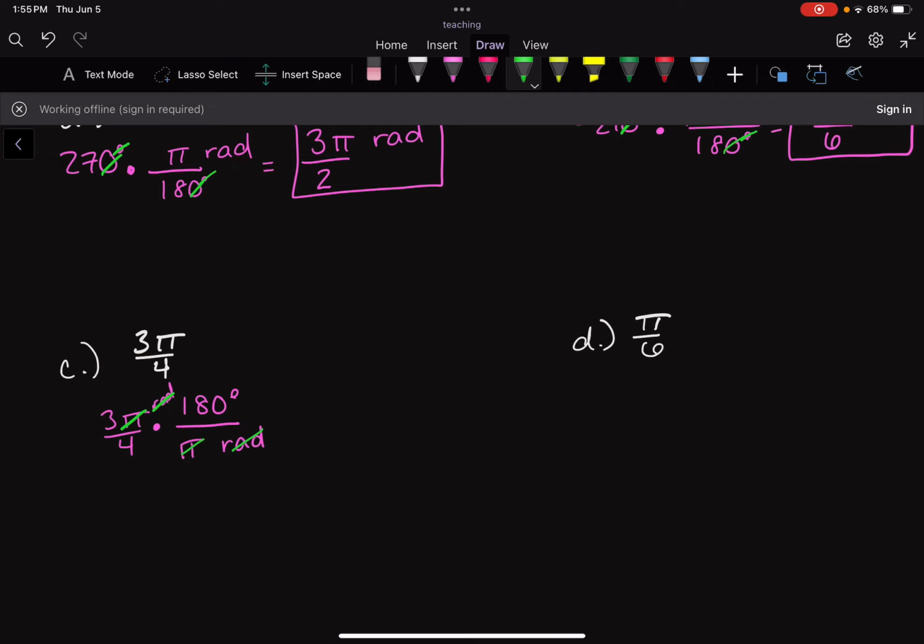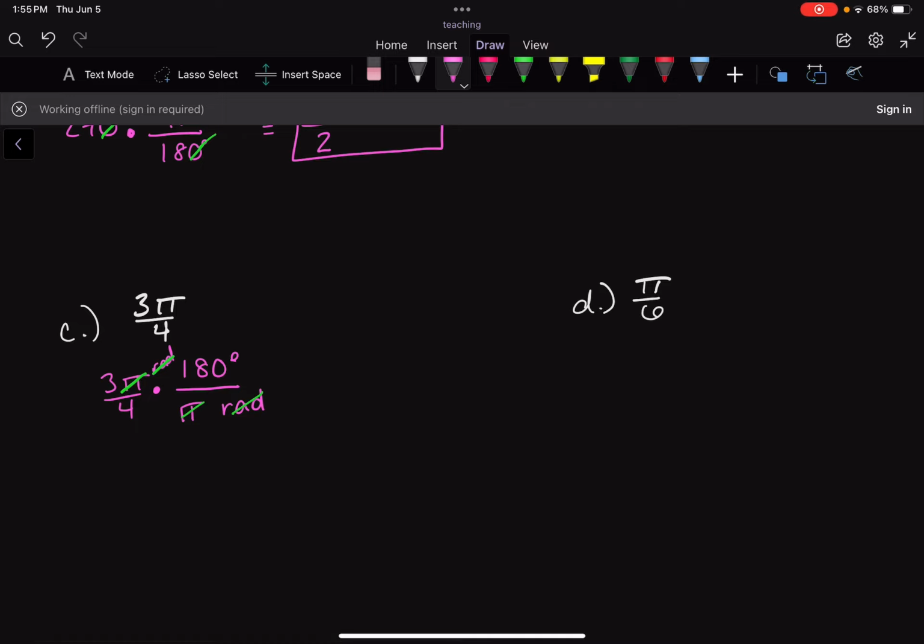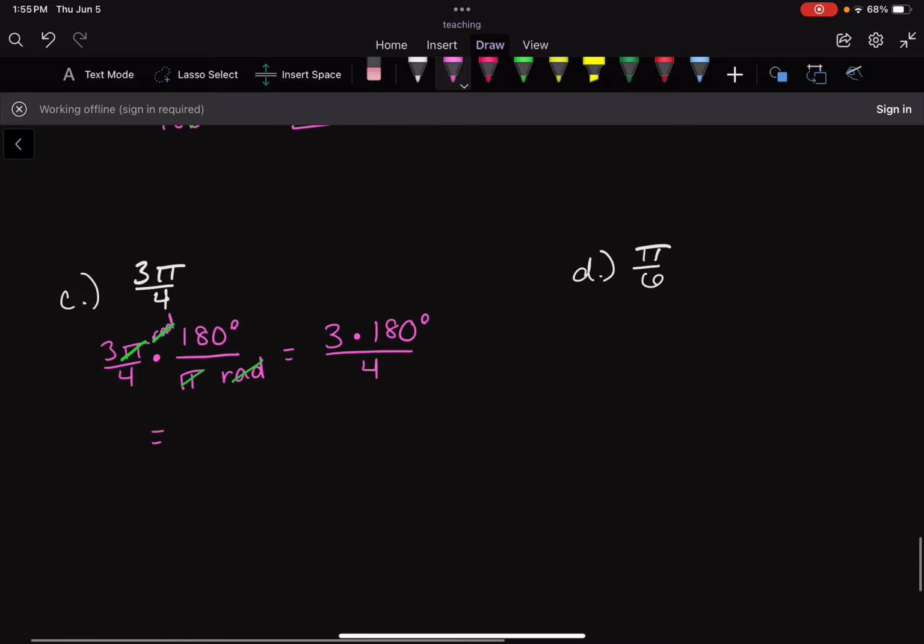Now I'm going to do this by hand, so bear with me. Sometimes I will make mistakes, so let's see. I have 3 times 180 degrees divided by 4. 180 can divide by the same number as 4, so they can both divide by 2. That would be 3 times 90 divided by 2.